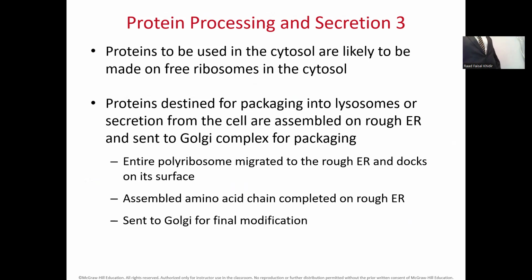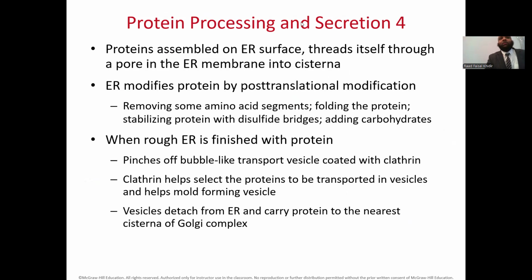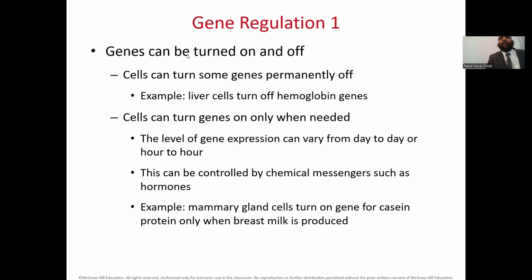The entire polyribosome migrates to the rough endoplasmic reticulum and docks on its surface. The assembled amino acid chain is completed on the rough endoplasmic reticulum and then sent to the Golgi body for final modification. Then that protein is processed and sent out.